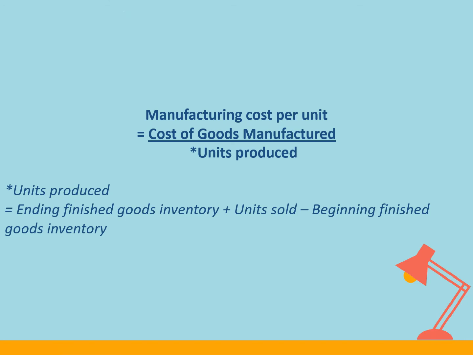If the units produced is not given, we have to calculate using the formula ending finished goods inventory plus units sold minus beginning finished goods inventory.